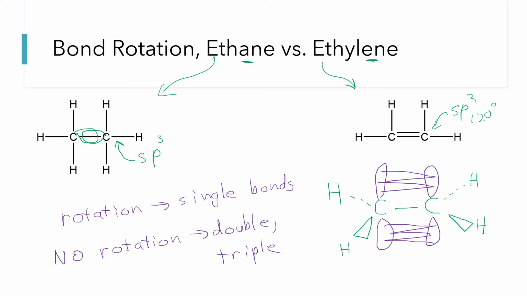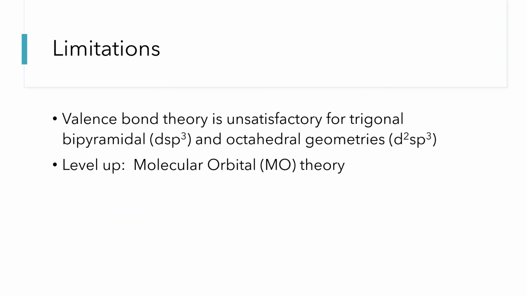And it really boils down to keeping the double bond and the triple bond intact. The p orbitals have to overlap side to side, and so that restricts the molecule from rotating.